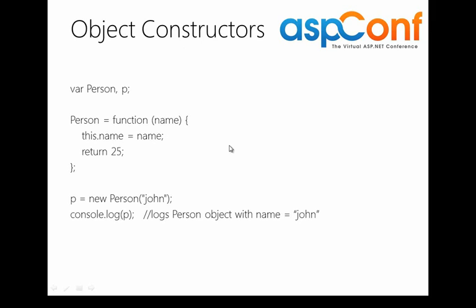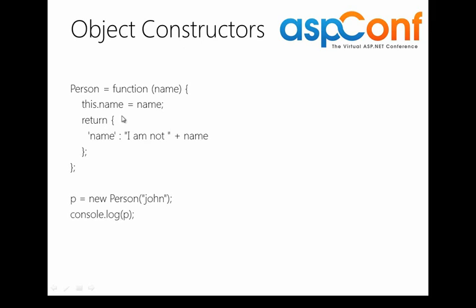Remember, when we were returning 25, we simply got this object back, so this.name was John. Whereas this.name over here is John, but the name property of this anonymous object is "I am not John". And when we log it, we actually get "I am not John".